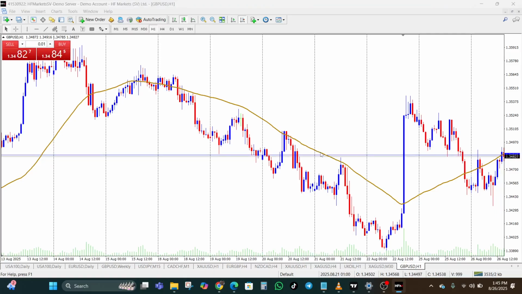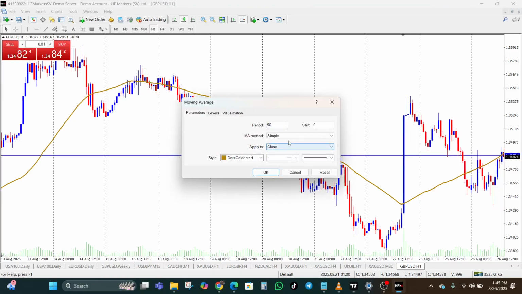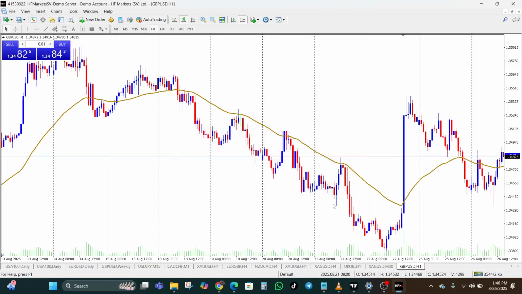And then we have the exponential, which is this. The exponential moving average gives more weight to recent prices, making it more responsive to market changes.